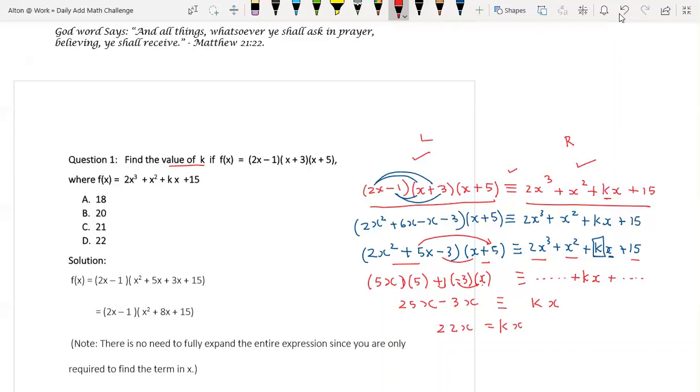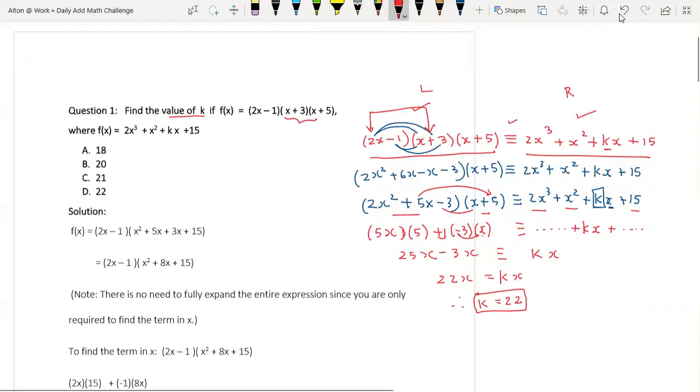So therefore k is equal to 22. Now I just did it this way, where I multiply the first two factors, to show you that unlike the working here where I chose to multiply the last two factors, I will still get the same answer for k.